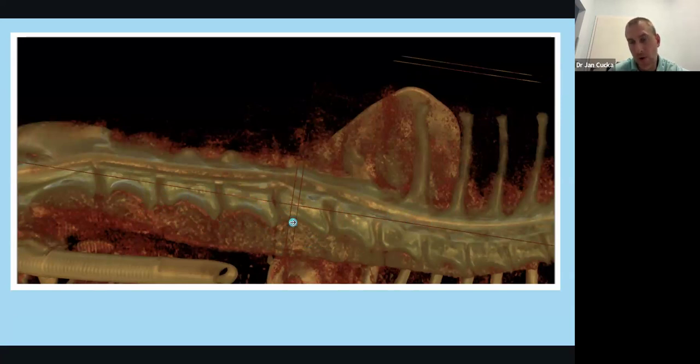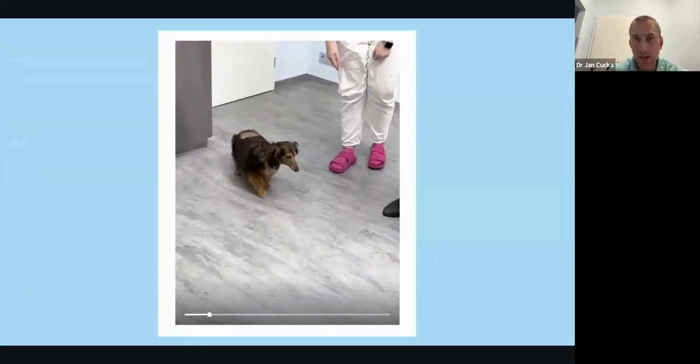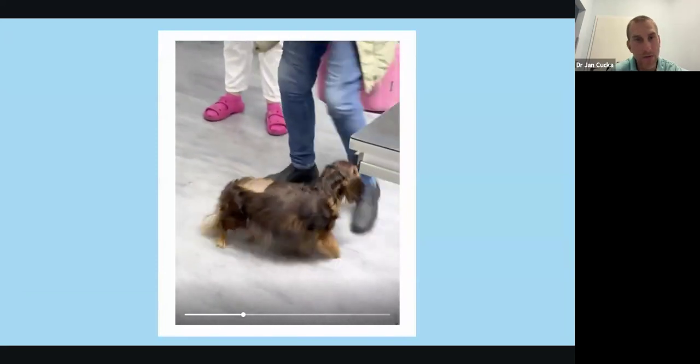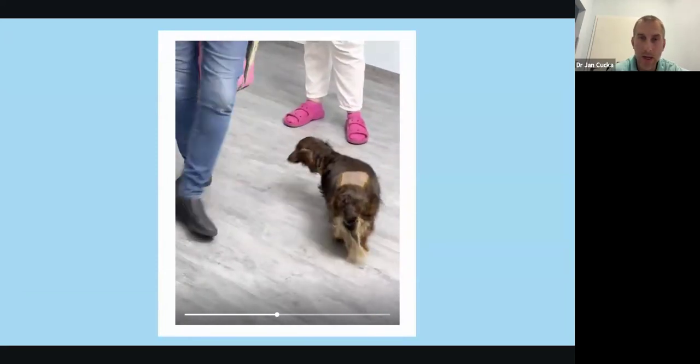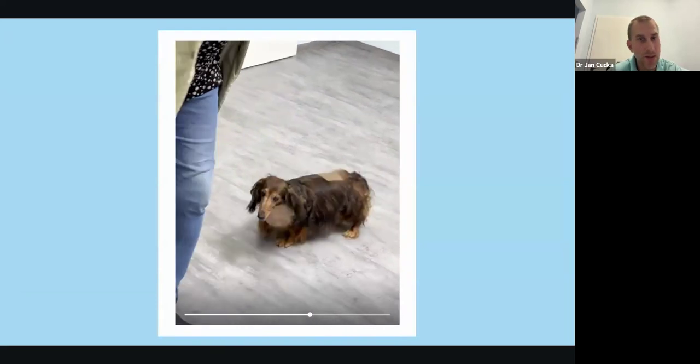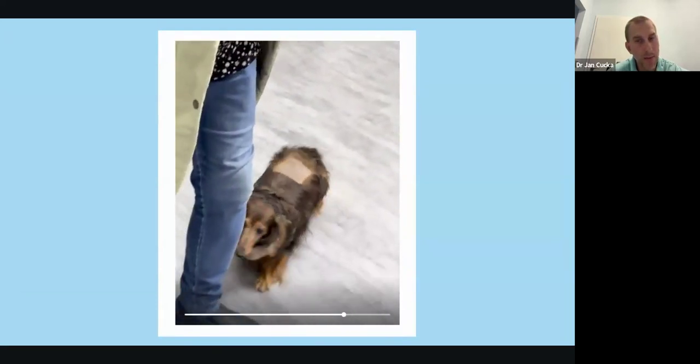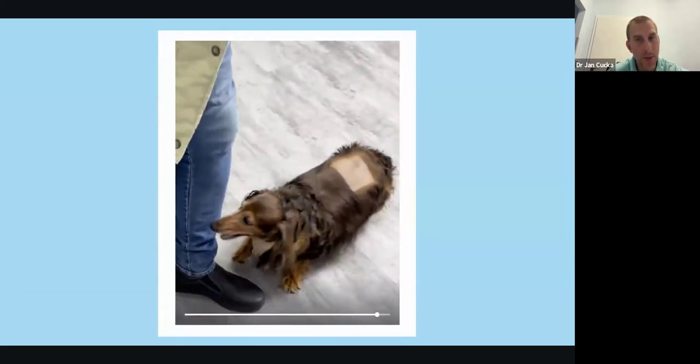So what we performed was a ventral slot. We removed this part of bone in the middle, took the disc material out, and this was that same dog, I think 3 or 4 days after surgery. Not perfect, still limping, but able to move.